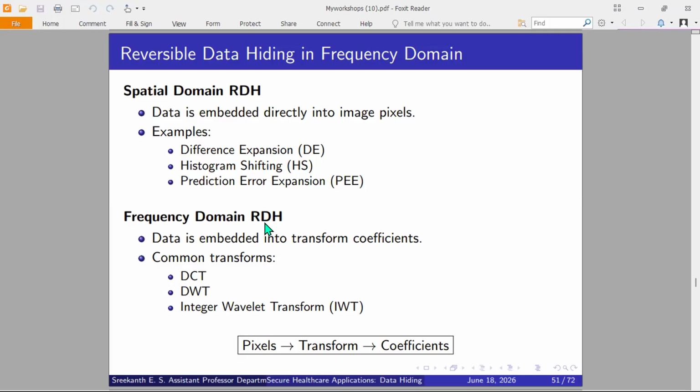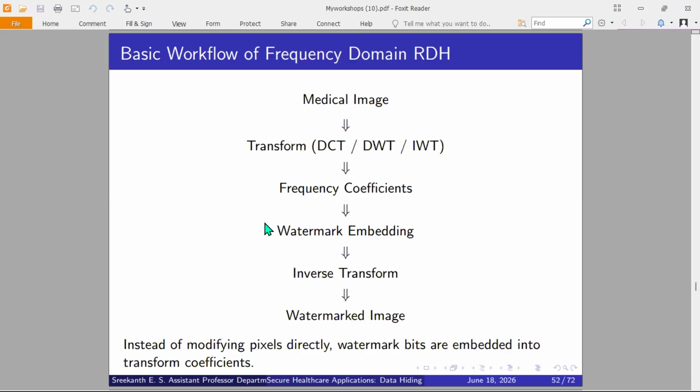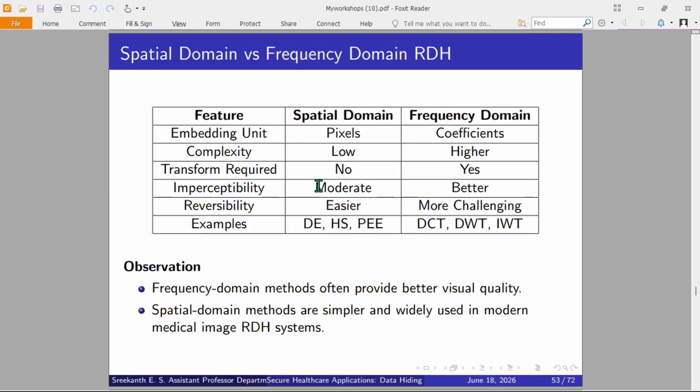What will happen? We will get a better image, better in quality. But at the receiver, it is a little bit difficult to extract the watermark as it is, so we do not much prefer working in the frequency domain. Anyway, this flow is as it is. I have clearly written that reversibility is challenging in the case of the frequency domain.